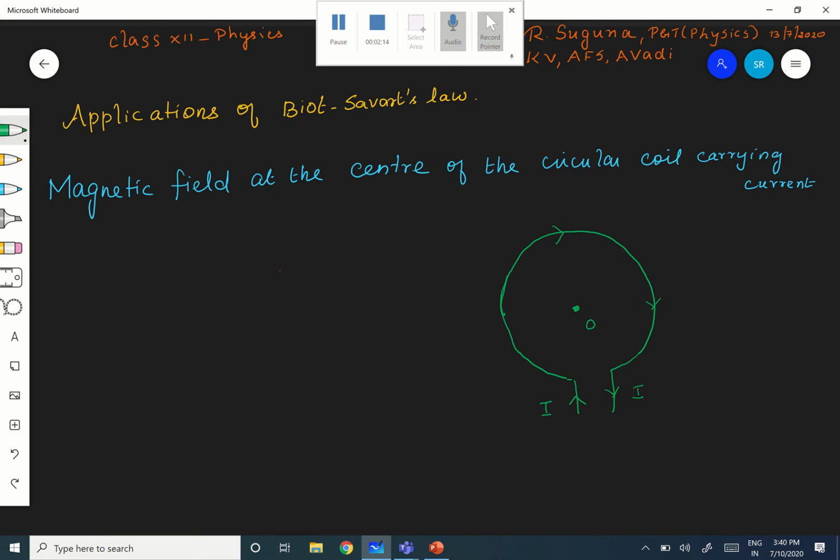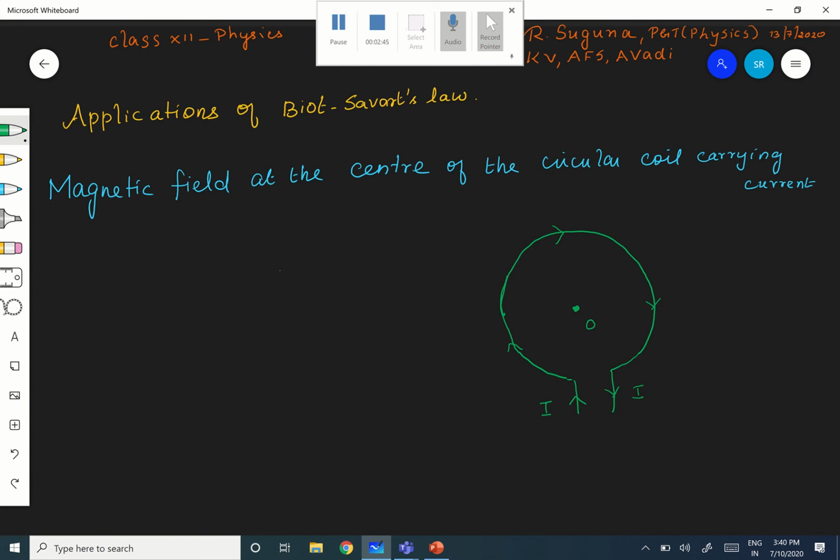So now we are going to apply Biot-Savart law. This is the coil in which the current is passing in the clockwise direction, and let R be the radius of the coil. The total length of the coil is 2 pi r, correct?